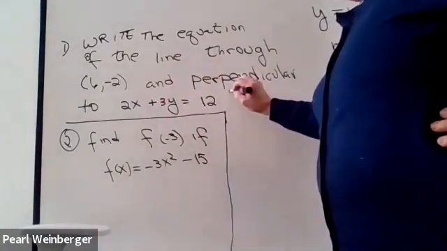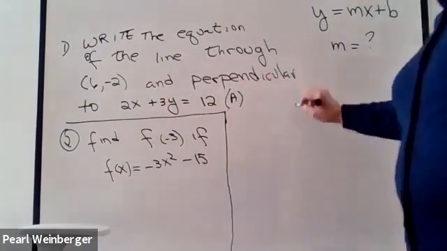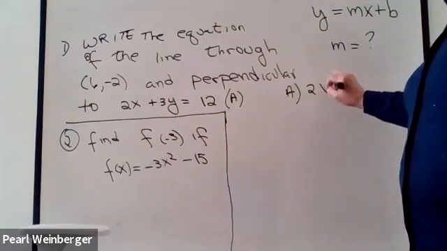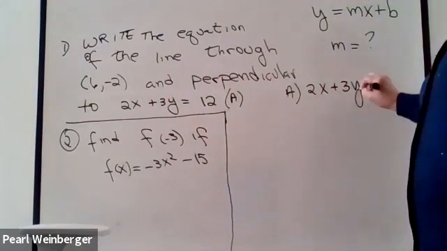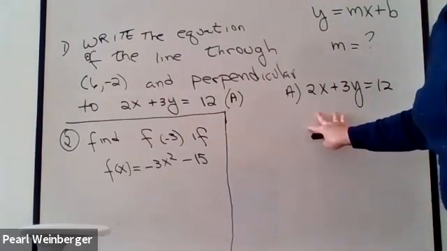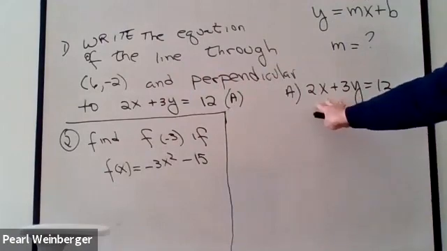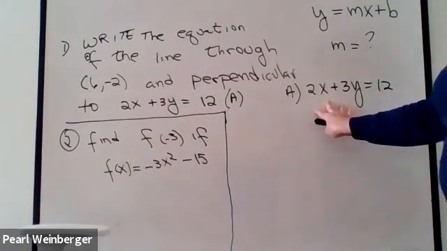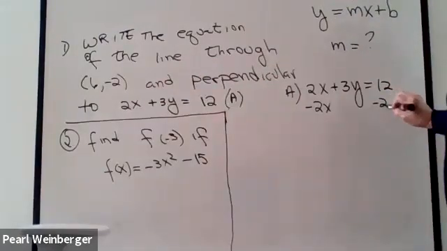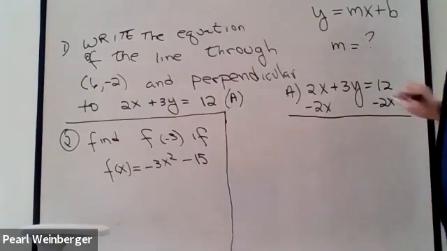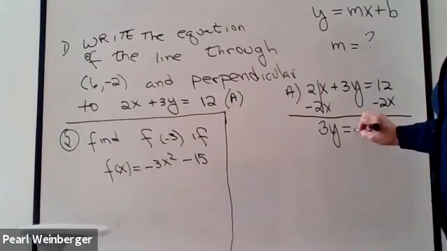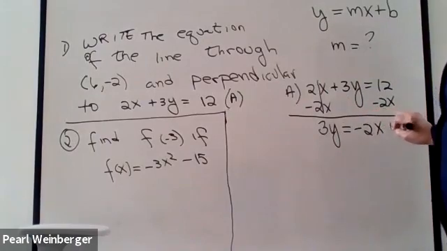Let's call this line A. Here's my line A: 2x plus 3y equals 12. Well, this line isn't in y equals mx plus b form. But I can put it into that form by first subtracting 2x from both sides, which will give me 3y equals -2x plus 12.